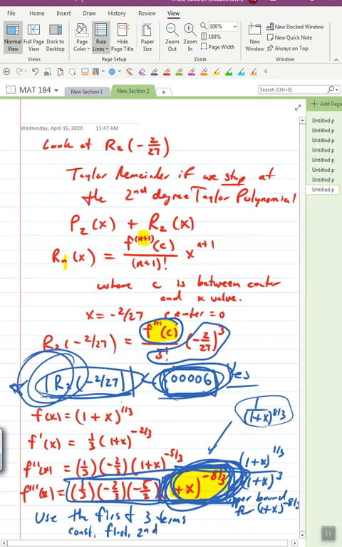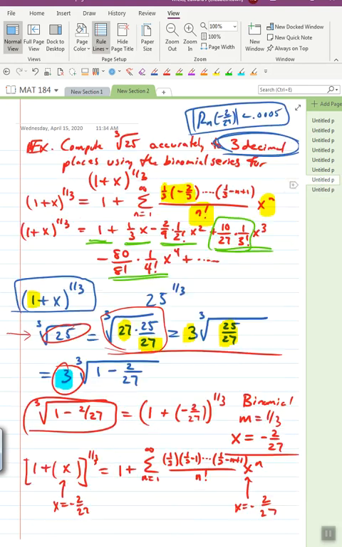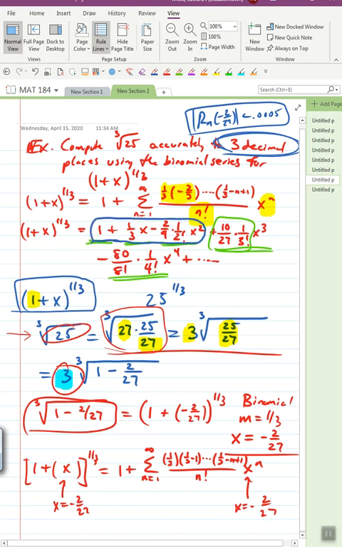And that's why I'm saying 3 terms. Notice I was able to show that R2 was less than the error I'm after. R2 is the error if you stop at the second degree Taylor polynomial. Okay, so that means when you write out your series on the previous page, I would be using up through those terms right there.